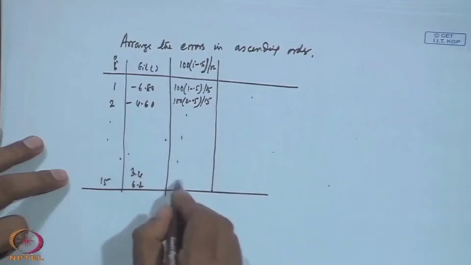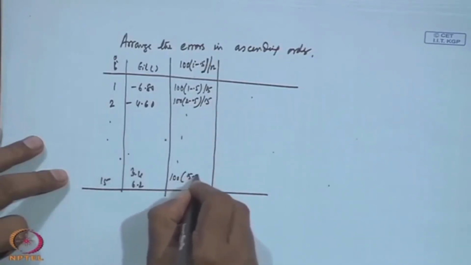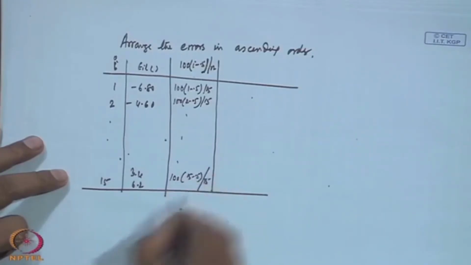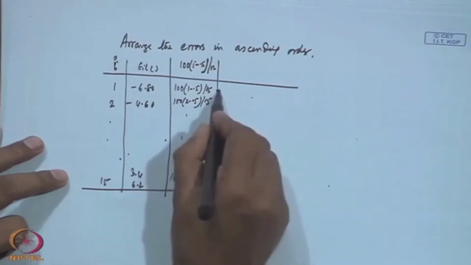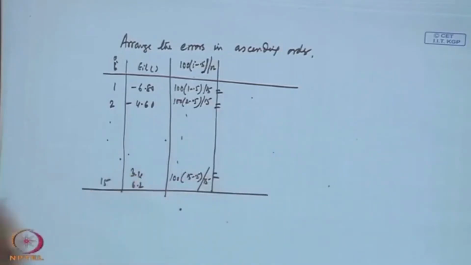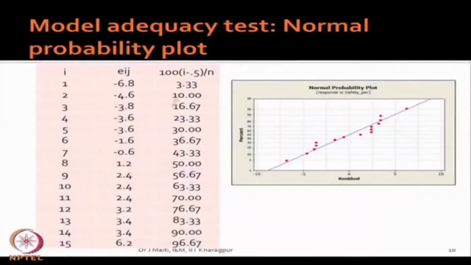In this manner, you will be writing the last one, 100 into (15 minus 0.5) by 15. What value will you get? This value you will be getting. So the first one, 100 (i minus 0.5) by n, is 3.33.